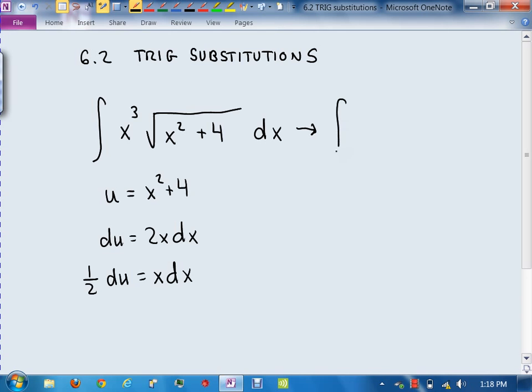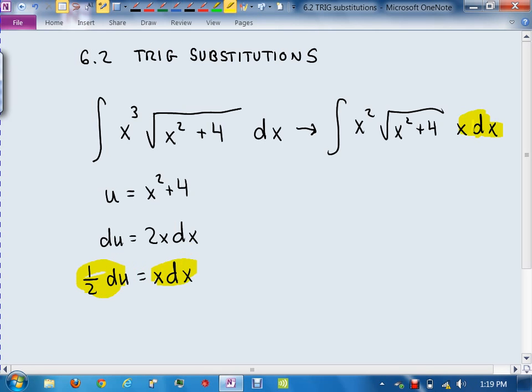I could rewrite this integral as x squared times the square root of x squared plus 4 times x dx. So I just peeled one x off to the back, didn't I? So here's my 1/2 du, that's all the x dx. I've got my u, which is x squared plus 4, that's going to go here.